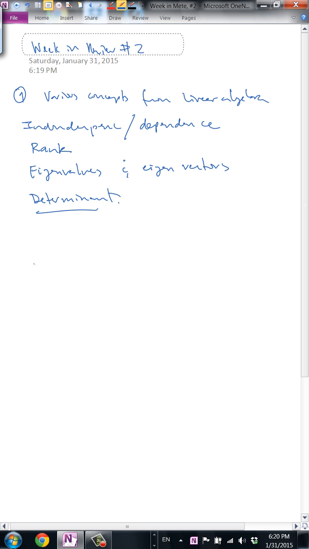So we said that if we have some collection of vectors, this is the concept of dependence here.